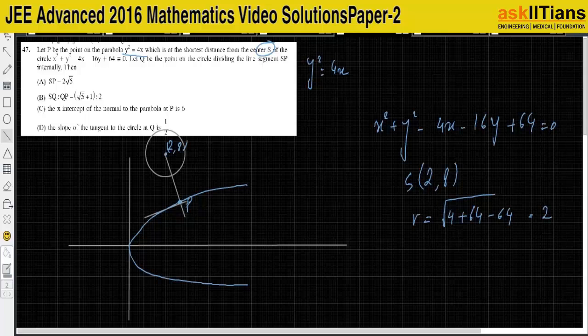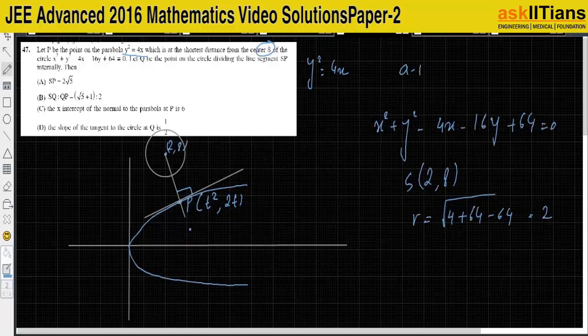If I draw the tangent at point P, that will be perpendicular to this line, because this is the normal and this is the tangent, right? So I need to find the coordinates of point P first, then I can find everything. So let me consider this point P as at square comma 2at. In parametric form a is 1, so I'll take this point as t square comma 2t.